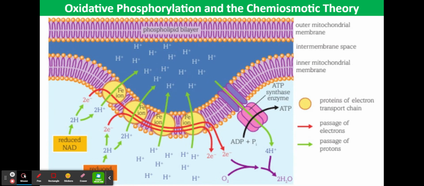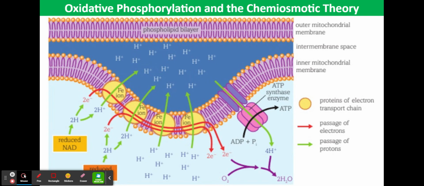Protons cannot easily diffuse through the lipid bilayer of the mitochondrial membranes, as the outer membrane has a low degree of permeability to protons, and the inner membrane is impermeable to protons. Protons can, however, diffuse through the protein channels associated with ATP synthase enzymes that are in the inner membrane.